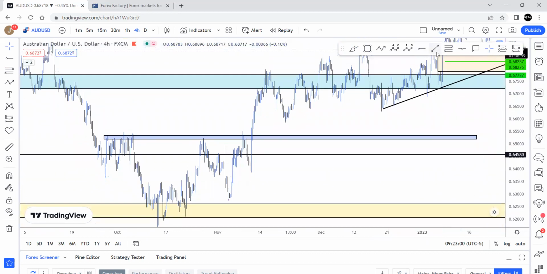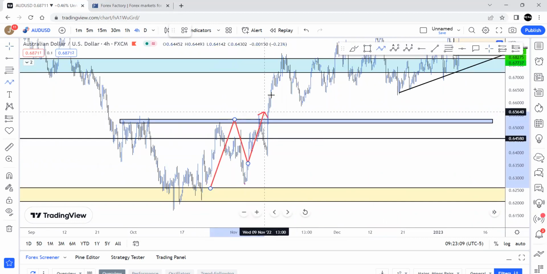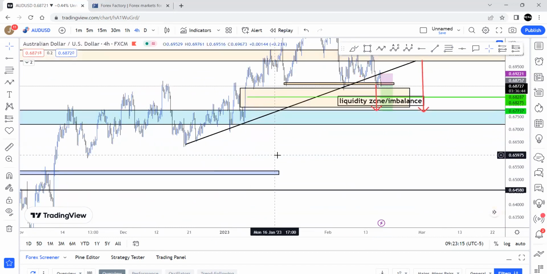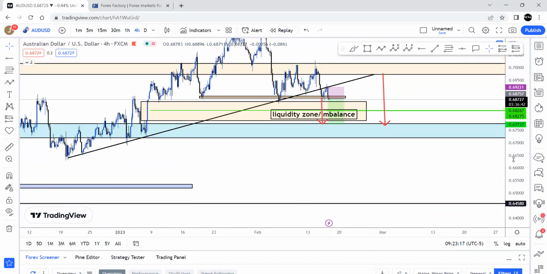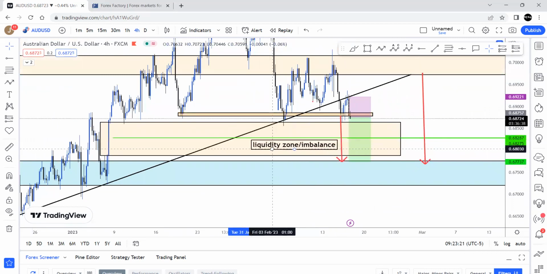That's how the market moves from supply and demand to supply and demand: push down, break above that to the next supply and demand, and so forth.